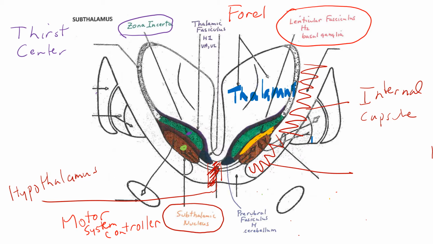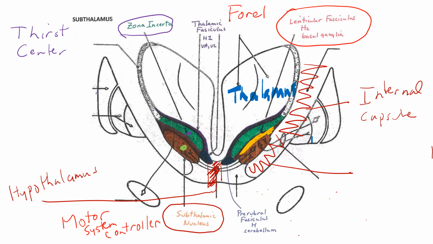And so in the old terminology, these axon tracts used to be called the fields of Forel. Nowadays, we call them by a different name based on what they connect. So the lenticular fasciculus in Forel's time was called the H2 field. And this is the connection of the subthalamus to the basal ganglia.